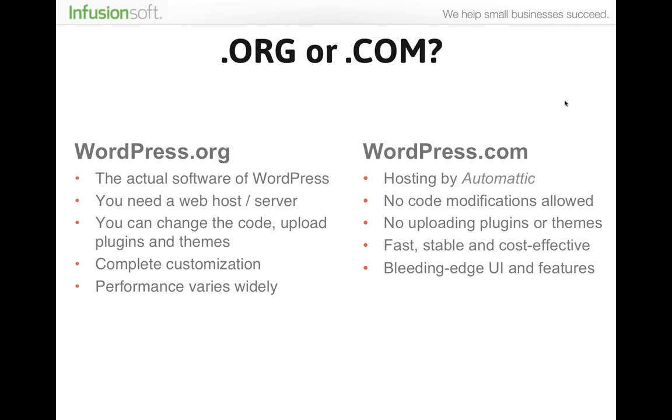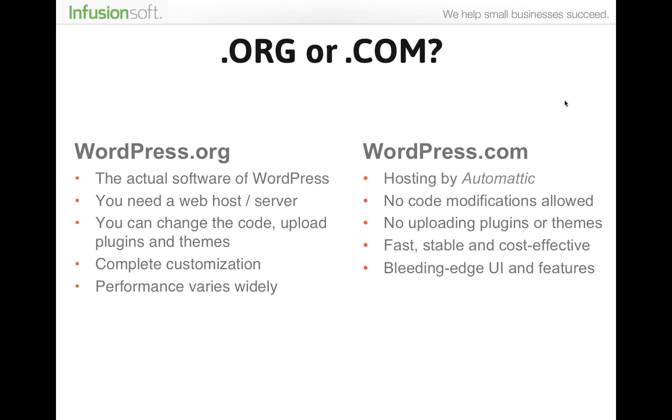If you're new to WordPress or you just want to get something up right away, you can absolutely use it at WordPress.com. However, as you get more experienced, you will definitely crave the need for more custom modifications and flexibility. And that's where WordPress.org comes into play. So WordPress.org is simply the entity that actually distributes WordPress itself.